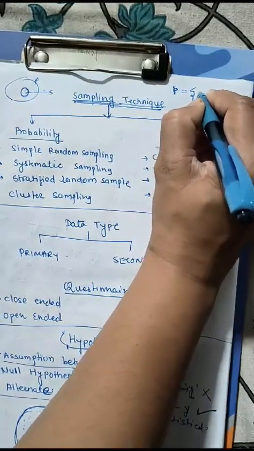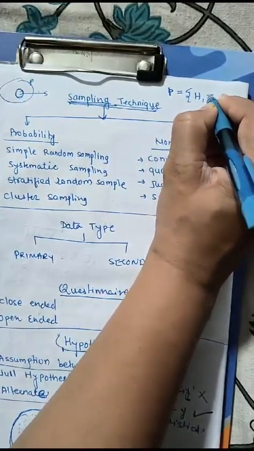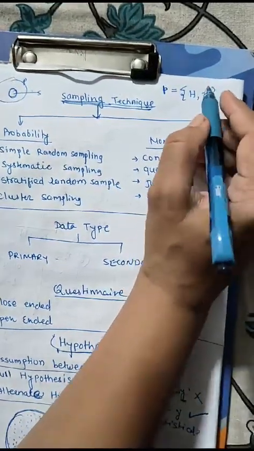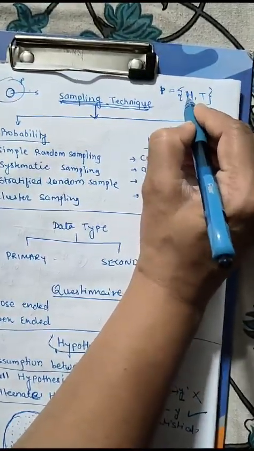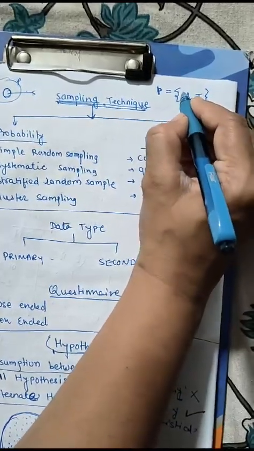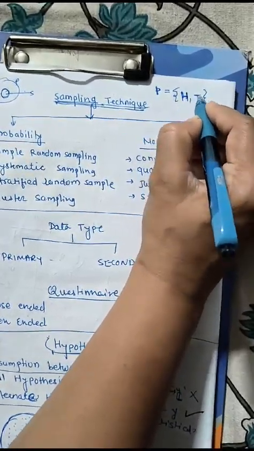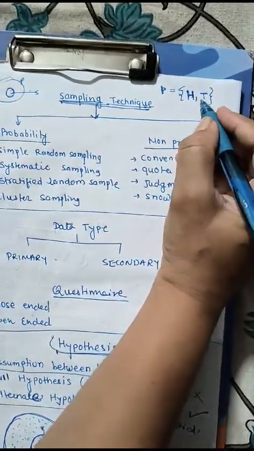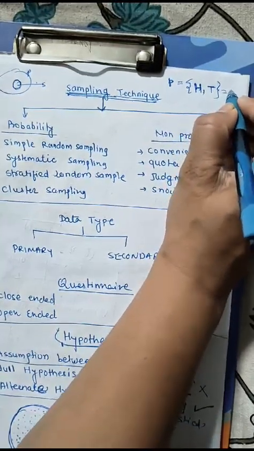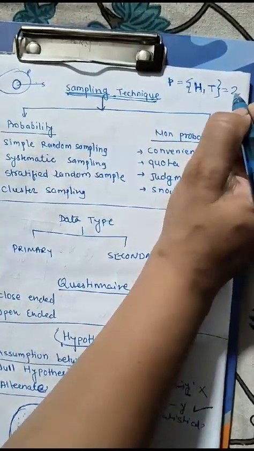For example, if we toss a coin, two outcomes are possible, as a coin has two sides. We can get either a head or a tail on tossing a coin. So total possible outcomes are two.